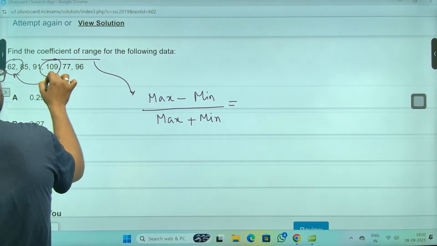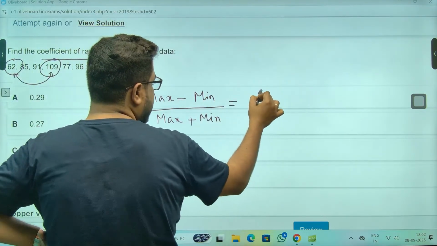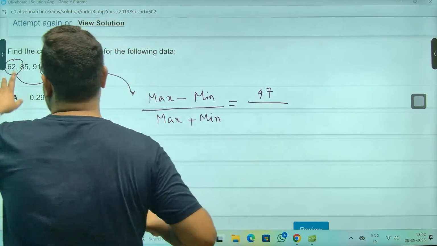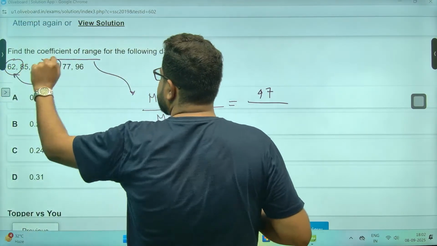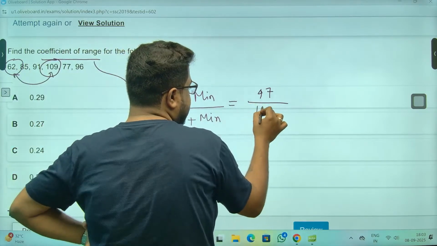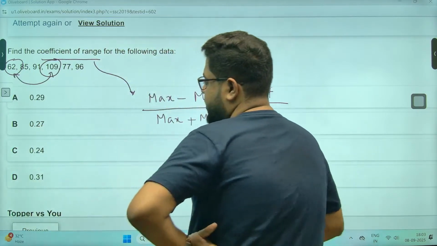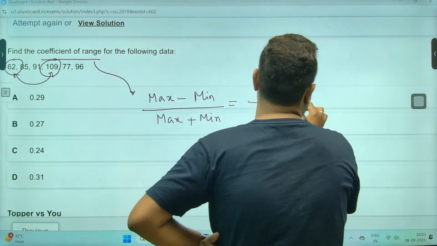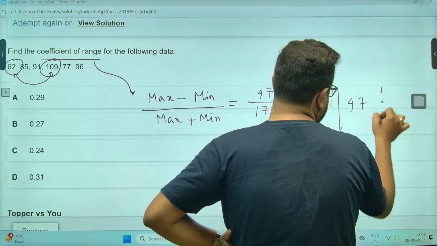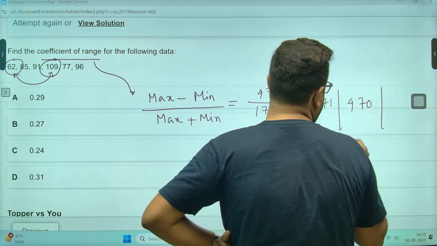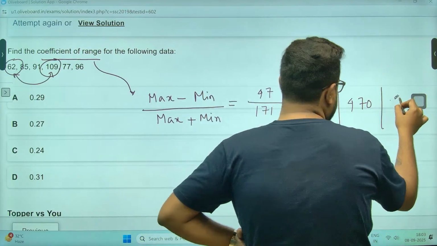So these two, 7 and 4, 47, sir, right? 47, yeah. Answer the sum, 160, 171, sir. अरे बाप रे, calculation. चलो करो. 171 into 47.